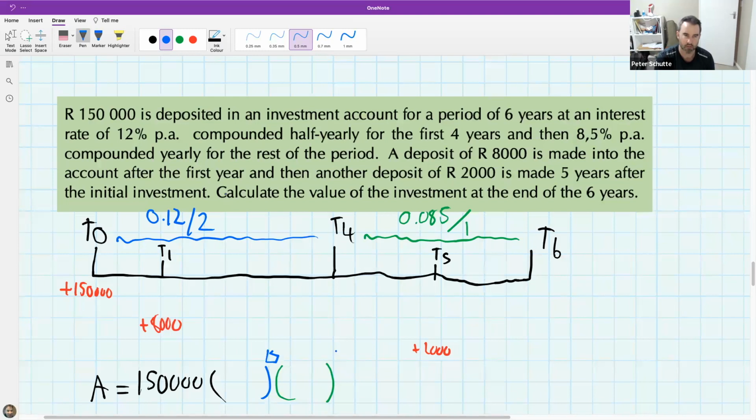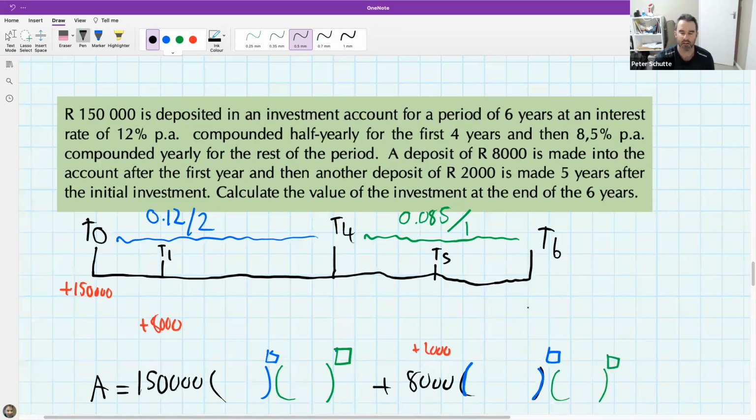So there'll be 150,000 that has to grow for a while. Then there'll be an 8,000 that has to grow for a bit of blue. So let me put that over there, a bit of blue and a bit of green.